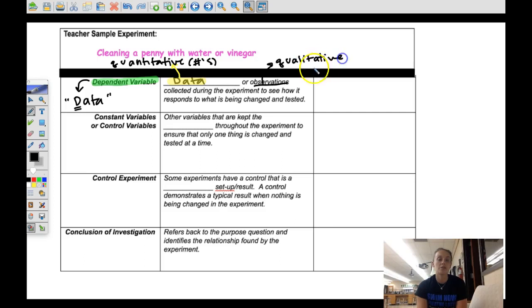And you will need to know the difference between both of those. But coming back to our pretend experiment, if we're trying to decide which cleans a penny better, our dependent variable is going to be a qualitative observation because it's how clean a penny is post or after cleaning.